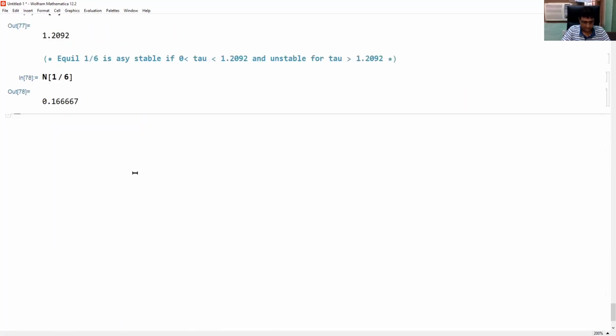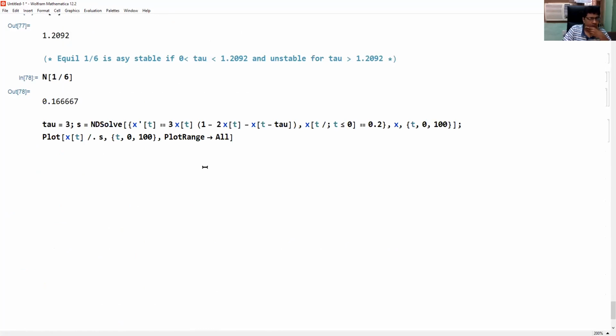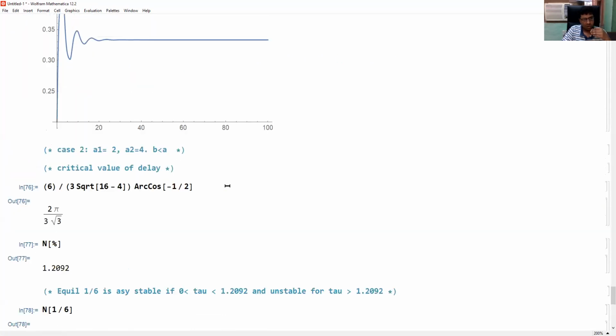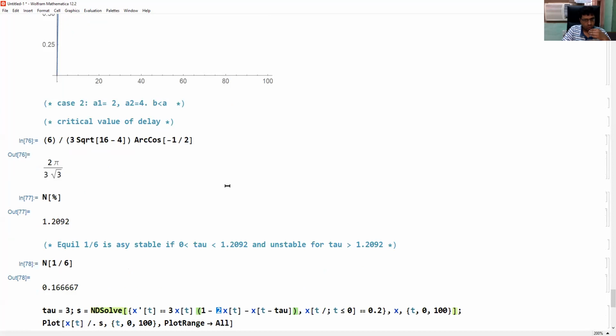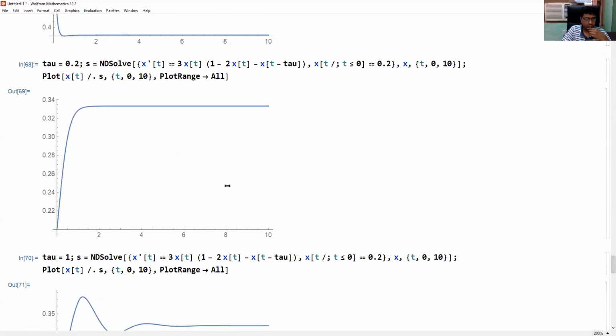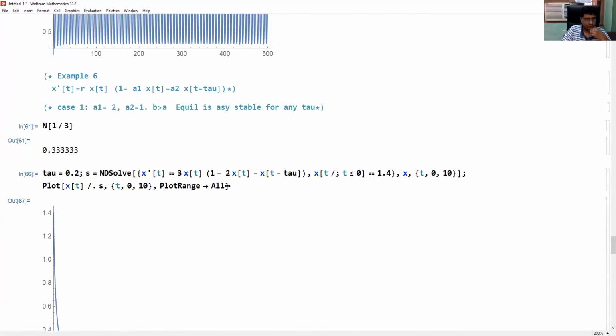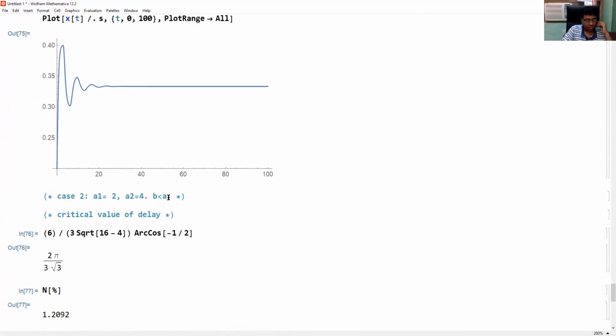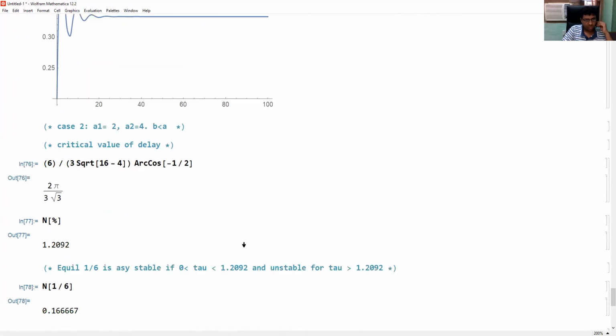Let me modify this command. A1 we kept the same, A1 is 2. A2 is 4.